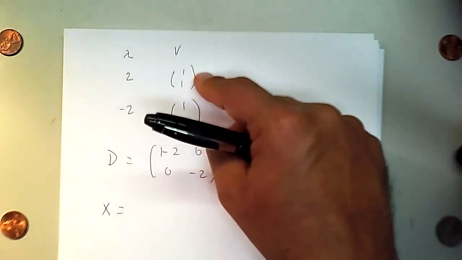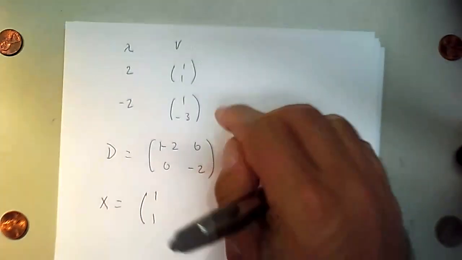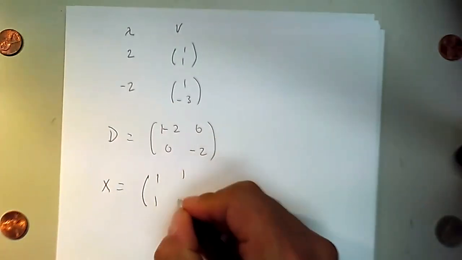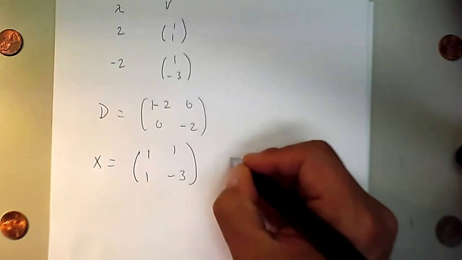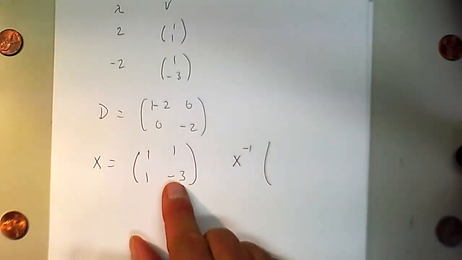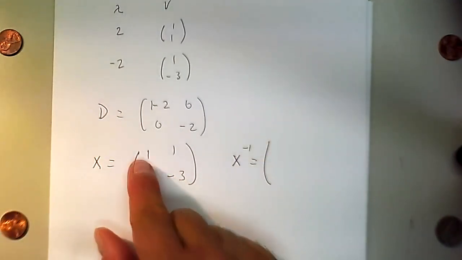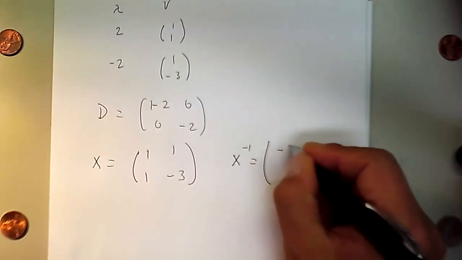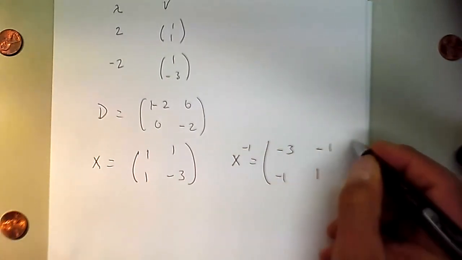That's the vector that corresponds to 2, so that goes first: 1, 1, then 1, -3. And then we need to find the inverse. The inverse, this is an easy one to do, I think. So switch those two elements, -3, 1, and then put negatives on the other.